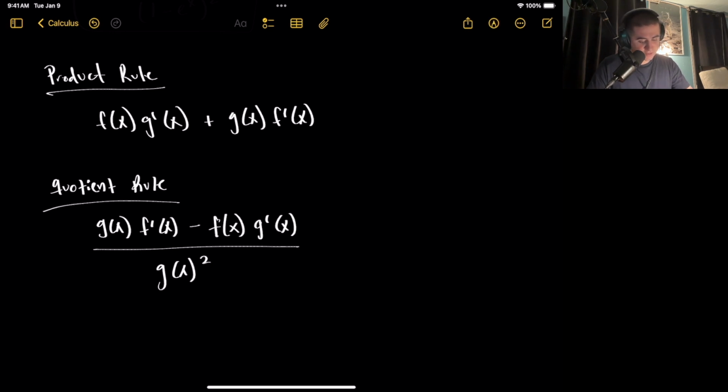And this is if we're taking the derivative of f of x times g of x, and the quotient rule is if we're taking the derivative of two functions being divided. And that is the product rule and quotient rule.